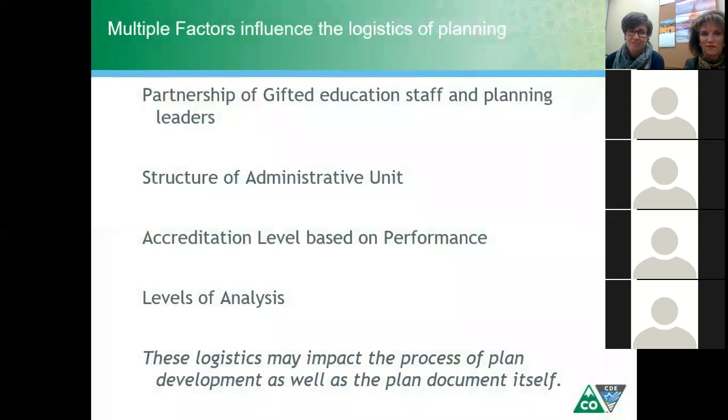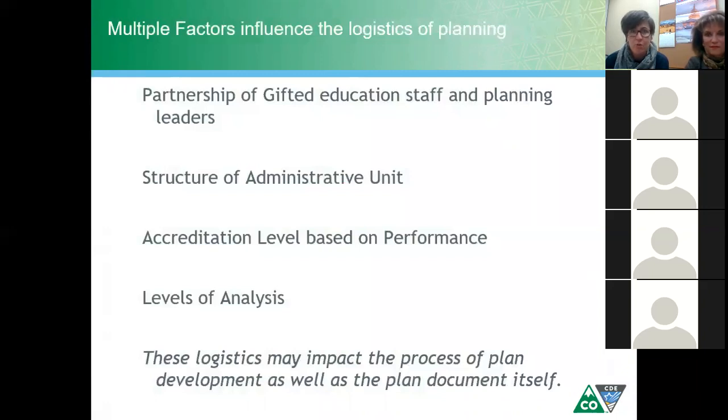Oh, the fun stuff. Yeah, it is. So we classified these as contextual factors. So these are things that really impact the logistics of planning. So some of this really, again, gets more at the practices, not just the product of the plan itself. The structuring of the administrative unit.